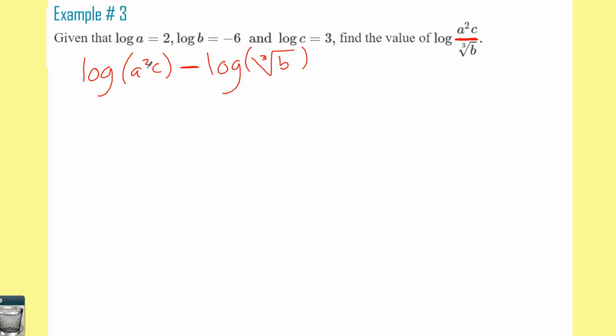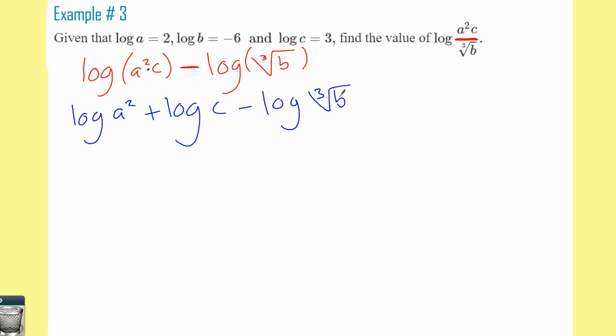Okay? We're basically working backwards. Then I have multiplication right there. We can rewrite that as addition: log of a squared plus log of c minus log of the cube root of b.